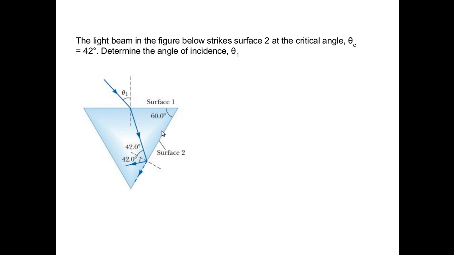So we're missing two indices of refraction, and we're also not being asked for the indices of refraction. I think it would be impossible to actually find an individual index of refraction for these two media. I think the only thing we could do is maybe find a ratio of indices of refraction.